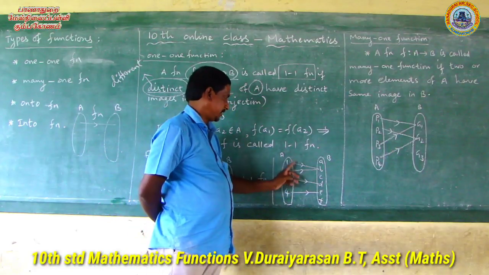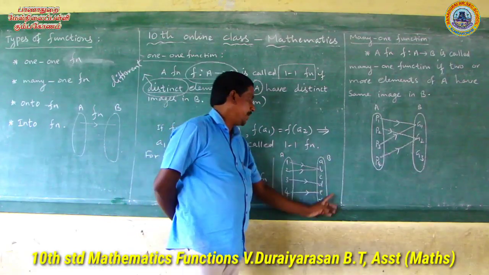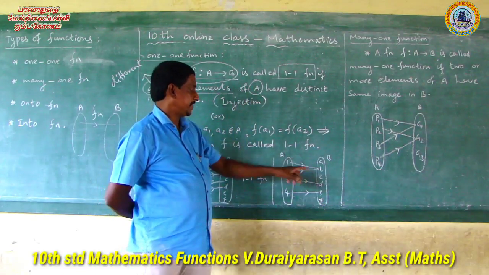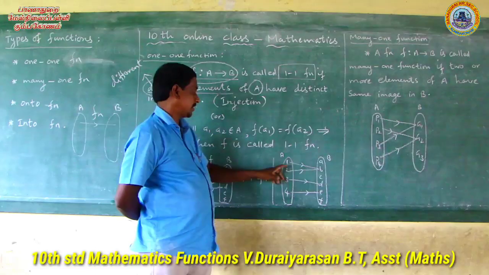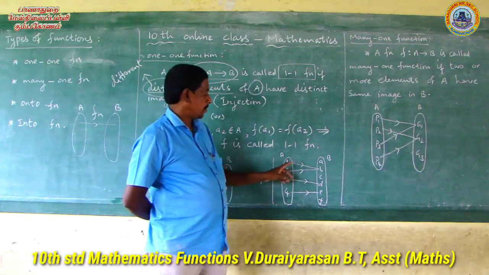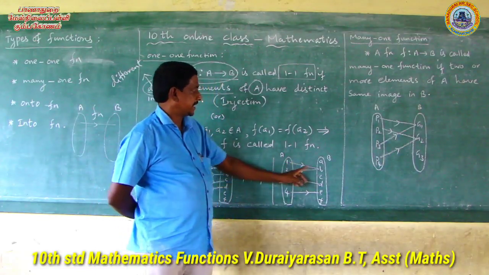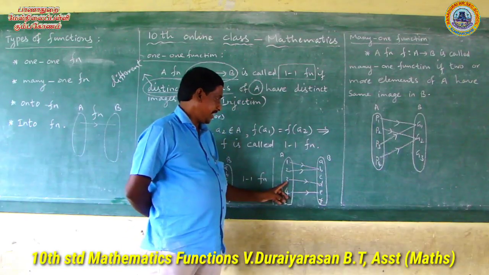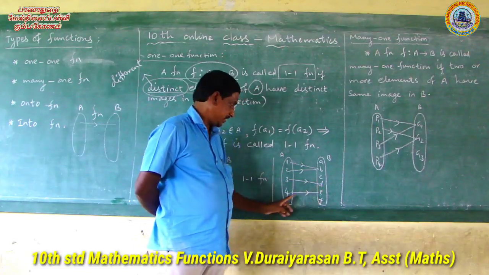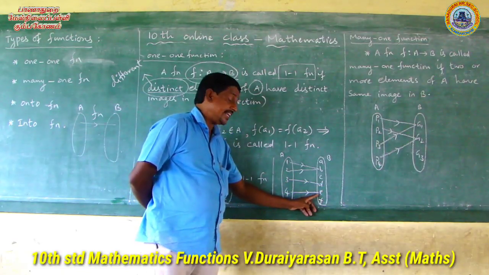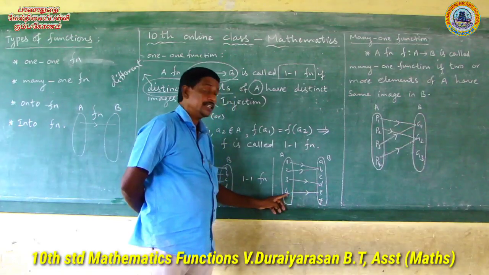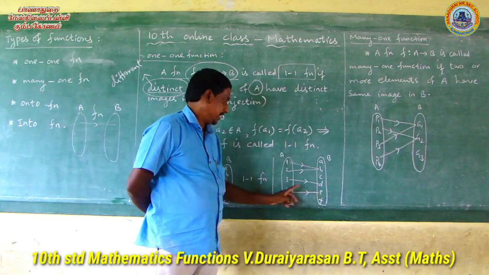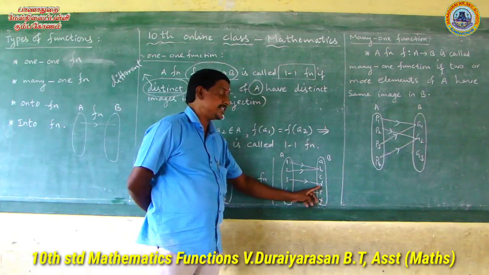This is A, domain. This is B, codomain. Here, elements are connected. 1 is connected with B, 2 is connected with B, 3 is connected with D, 4 is connected with E. Here, 4 has only one image, 3 has only one image.